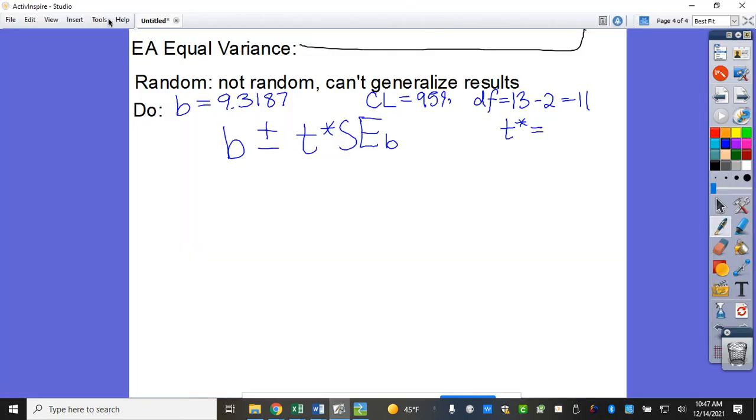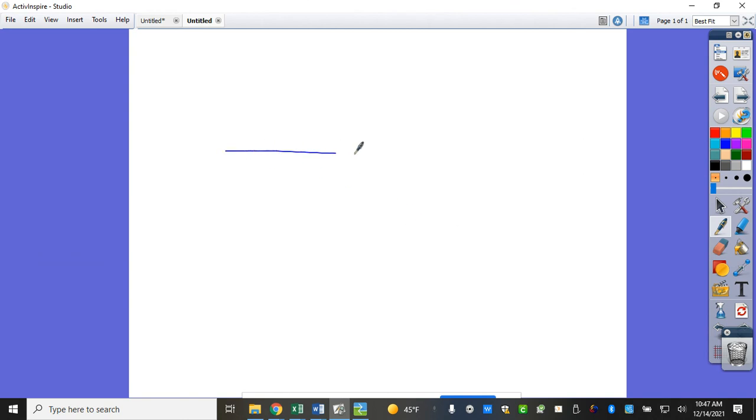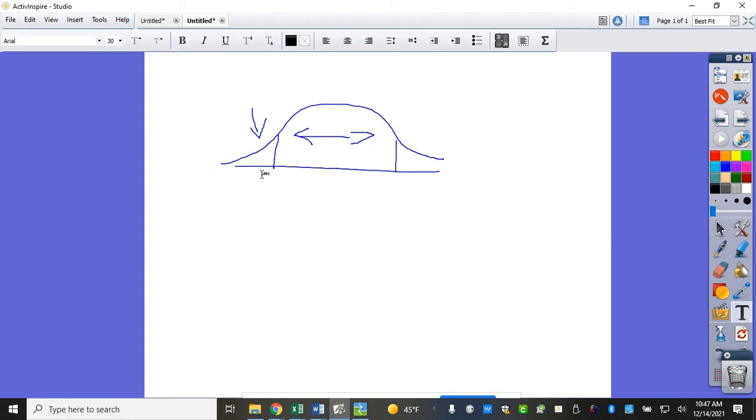Now, if I am doing 95%, then between here and here is 95%. So what percent is here? Or what decimal is there? What percent is there? So 0.025.